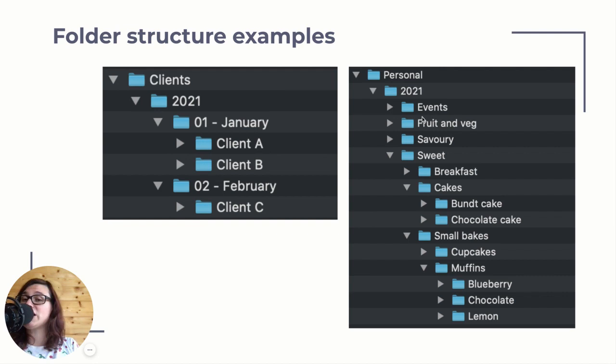While for my personal work, the way my brain works, if I know that I've shot a carrot cake, I would never remember what month of what year I shot it. I will remember if it was this year, last year, or like 5-6 years ago. So for me, it makes more sense to have it divided into themes.